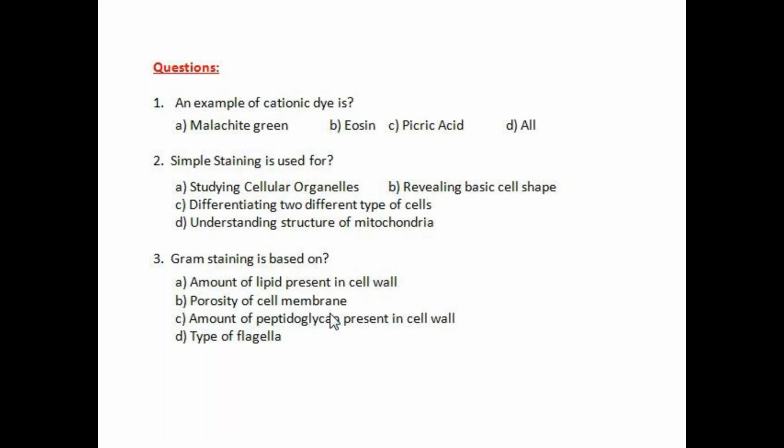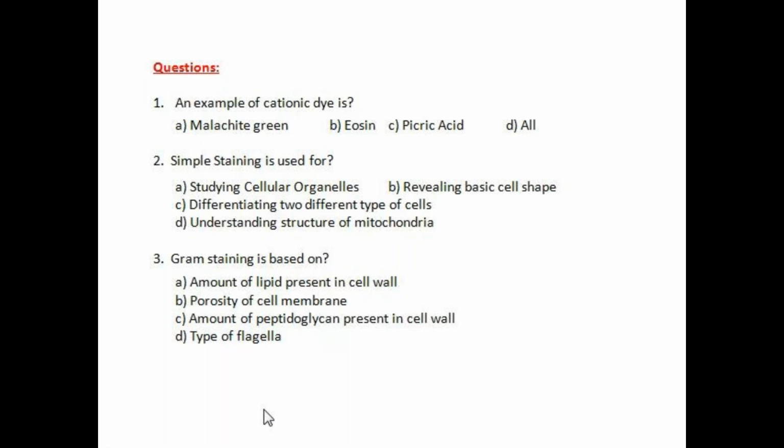Or it depends on how the decolorization occurs, how much decolorization. The stains used in gram staining affect the porosity and permeability of the cell membrane and cell wall. Here, option C is the correct one.